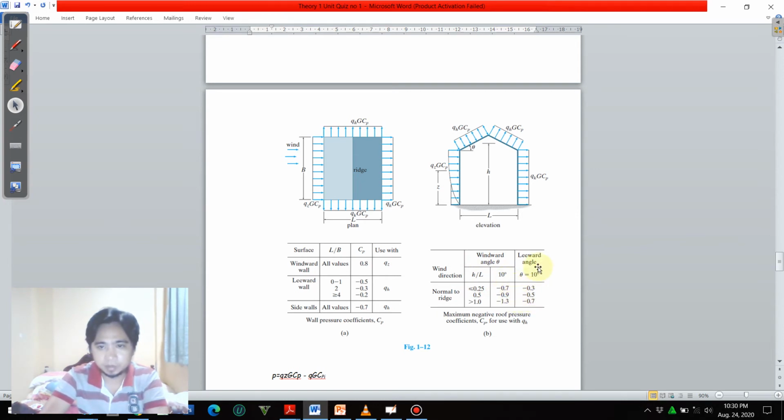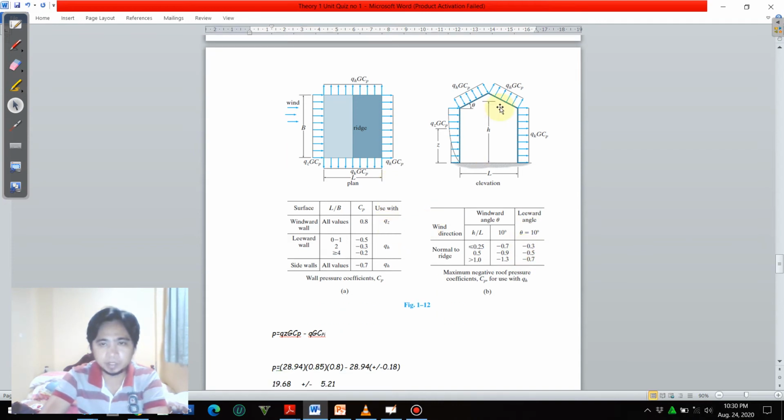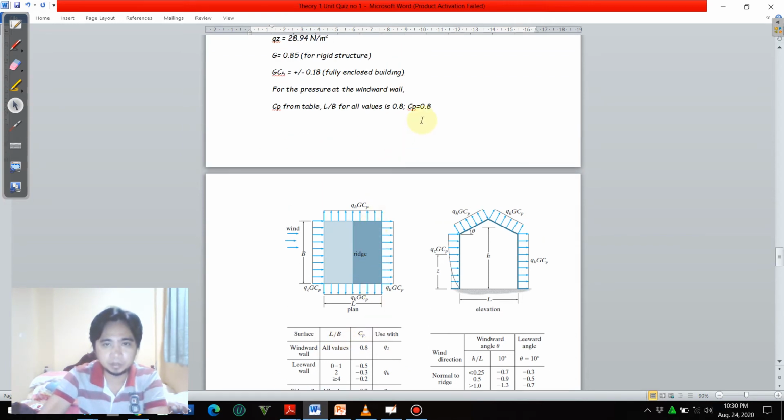Anyway, we are just concerned with the walls here in the problem. So first we have the windward wall. For all L over B values, the pressure coefficient is positive 0.8, so we do not need to compute for L over B for a while. We just set CP equal to 0.8.